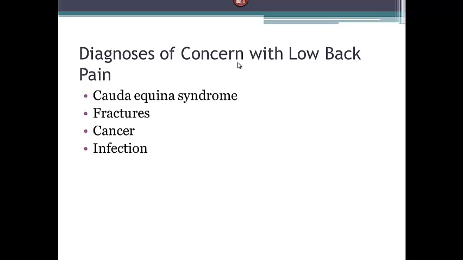Now, a diagnosis of concern or red flag is, for example, cauda equina syndrome. Cauda equina syndrome is a serious neurological condition in which there is damage to the cauda equina, which is the end portion of the lumbar spine, where the plexus are connected to the conus medullaris. Basically, it is no more than a lesion of the lower motor neuron.